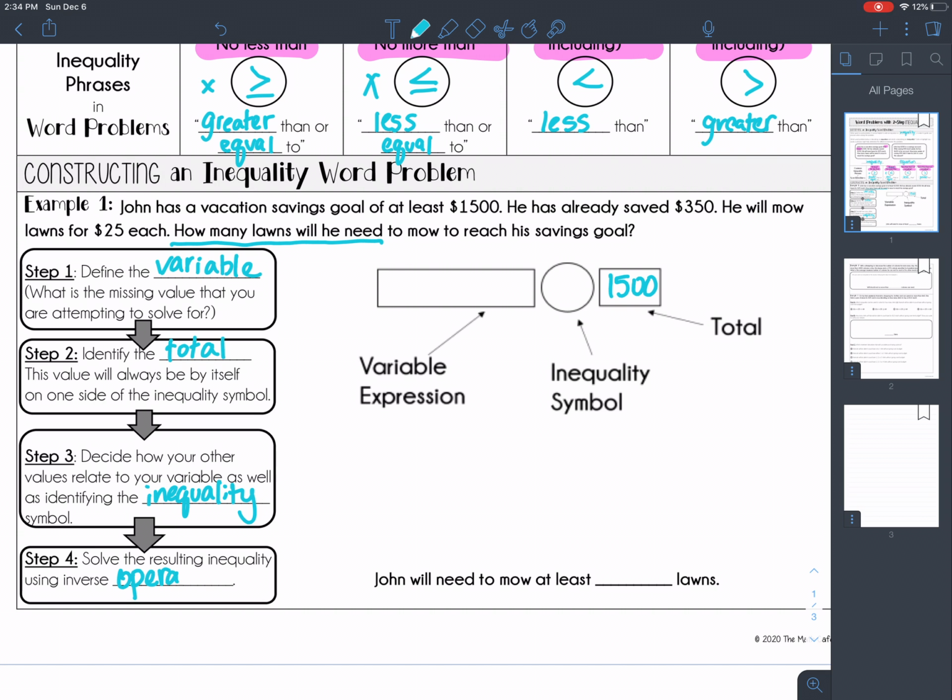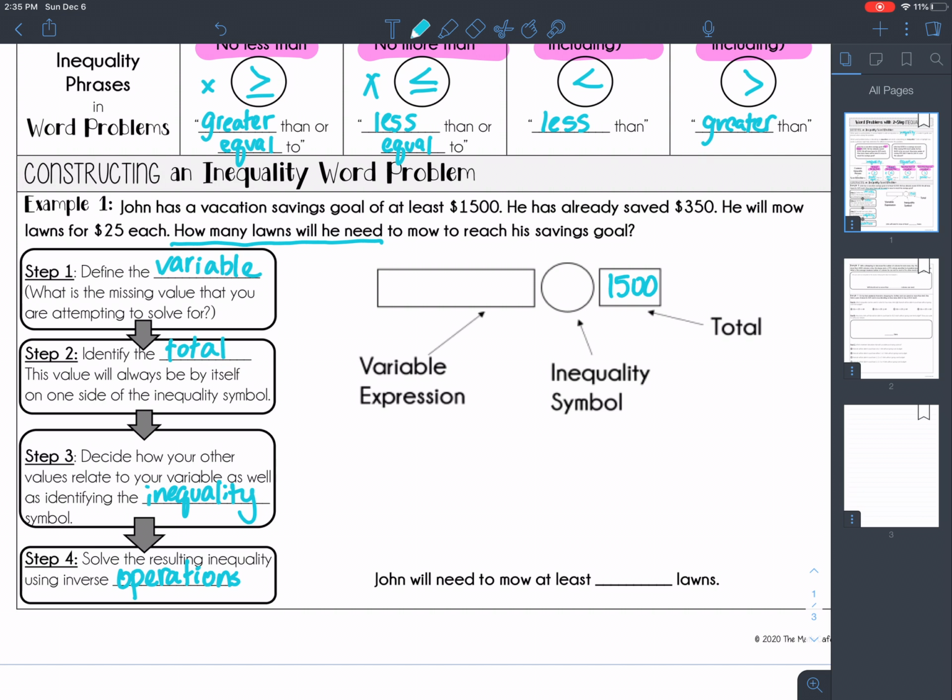And then solve the resulting inequality using inverse operations. So I'm going to go back through those steps as we write out our inequality. We've already done the total. That part I feel like is usually the easiest. That was our goal. And for the variable expression, we're going to identify what is going on with John. What has already happened for John?